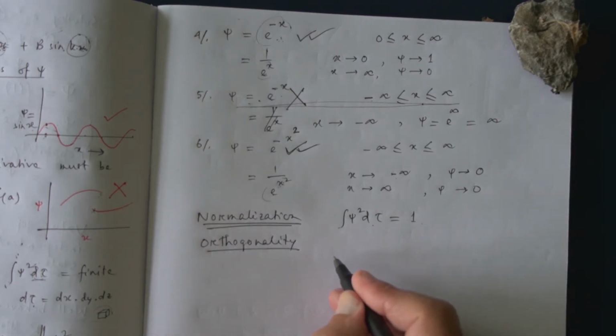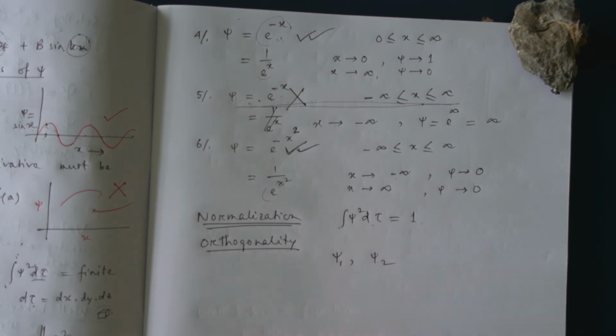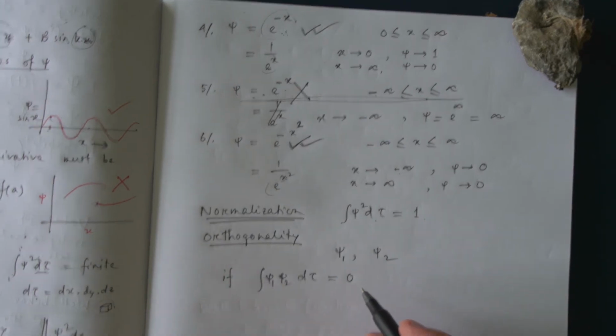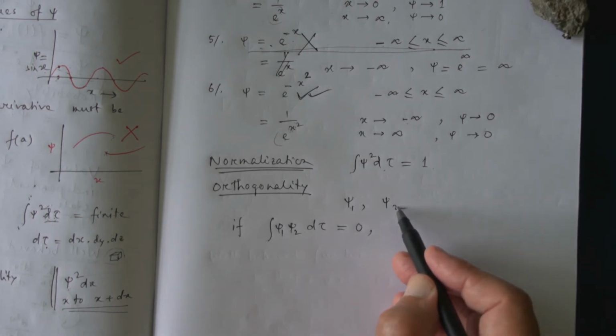Suppose we have two functions, psi 1 and psi 2. Now if the integration of psi 1 psi 2 d tau is equal to 0, then psi 1 and psi 2 are said to be orthogonal to each other.